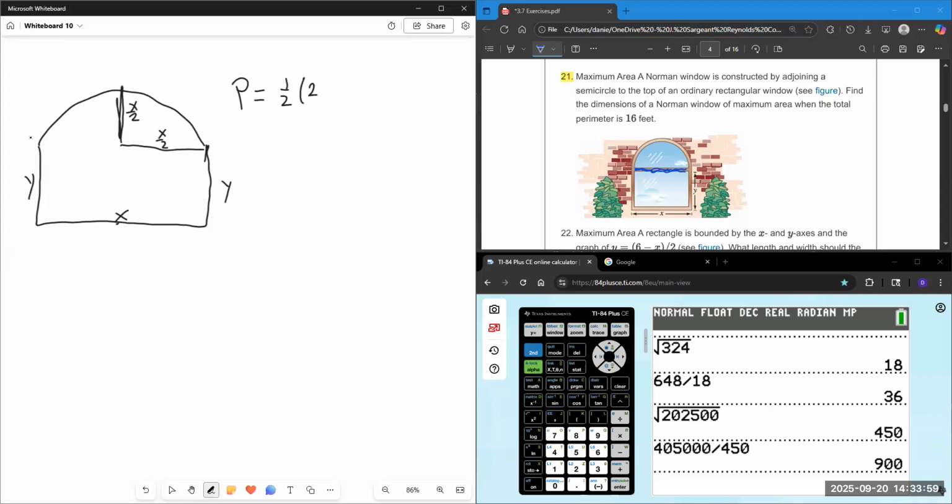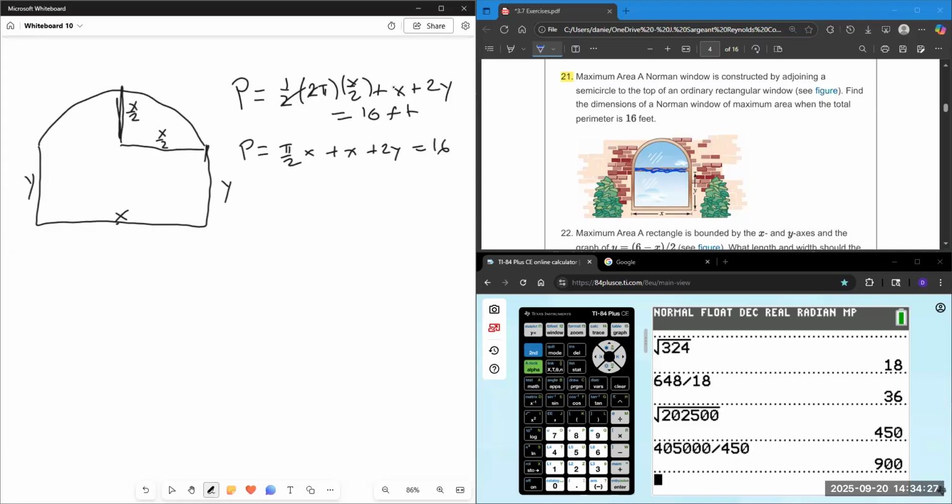So circumference of the circle is 2 pi r, and then plus this perimeter is X plus 2y, and that needs to be equal to 16 feet. So half and 2 cancel each other out. P is pi over 2 x plus another x plus 2y, and that equals 16.